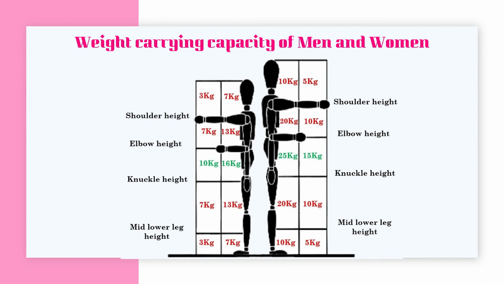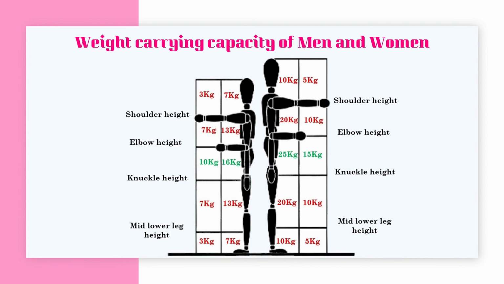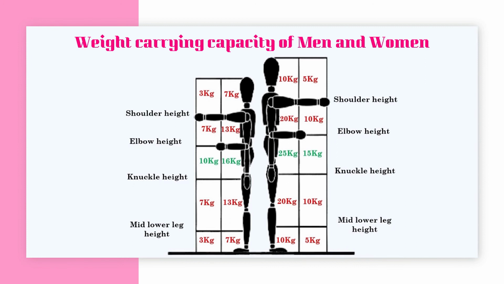the maximum carrying capacity is near the center of gravity. So if the load is away from the body, the carrying capacity again comes down. Near the head it is 3 to 7, then near the chest it is 7 to 13 for women, and for men it is 20 to 10 kg.